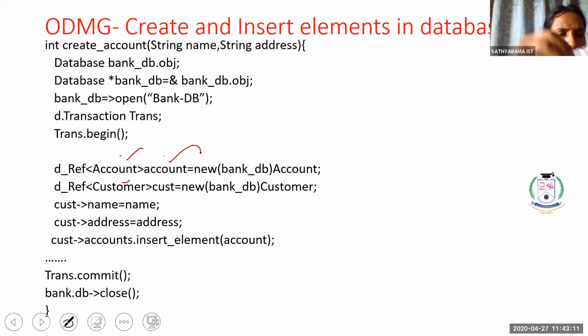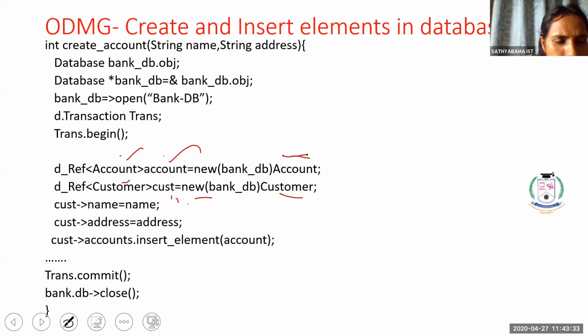And in a similar way, using this dereference, you have to create an object for your customer class. Your object name is customer, CUST. It's a user defined name, any name you can give. And this is a syntax as such you have to follow. Okay, so again it is followed by the class name only.